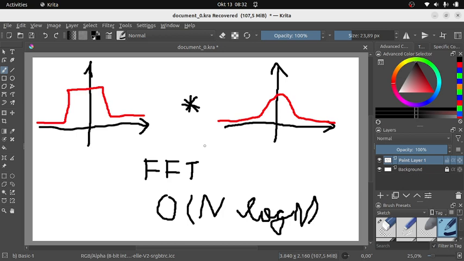Well, the thing is, usually when you're working on a practical problem, you don't really solve exactly the heat equation. You solve an equation that has some nonlinear terms where the diffusion is only one part of it.